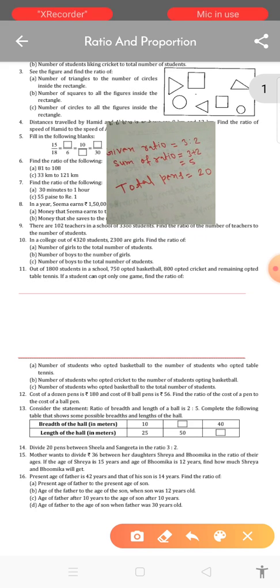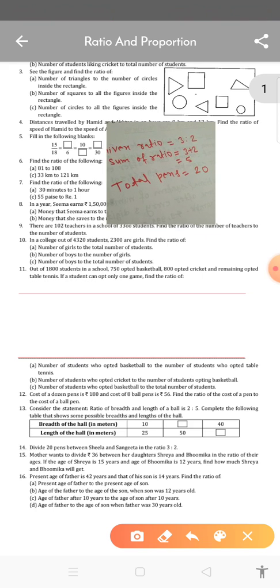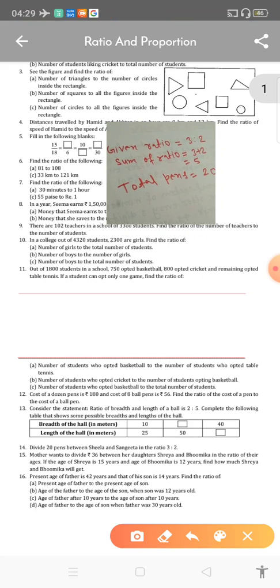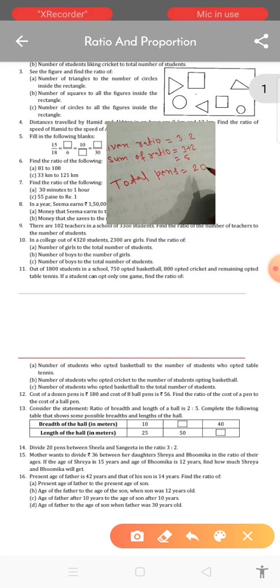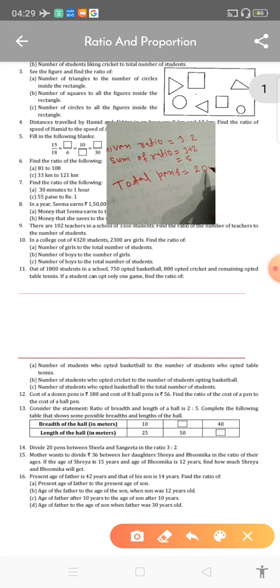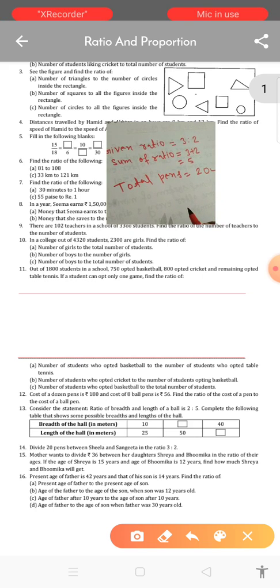So we divide the 20 pens between Sheila and Sangeeta in the ratio 3:2. For this, first we find the sum of the ratio, 3 plus 2 is 5. Okay, so the part of Sheila, the number of pens Sheila got.